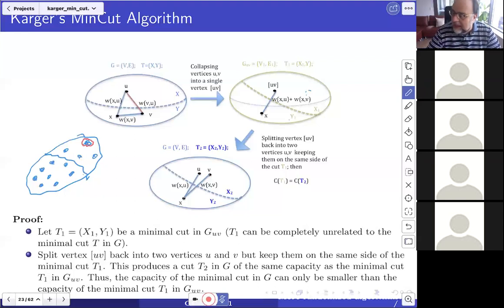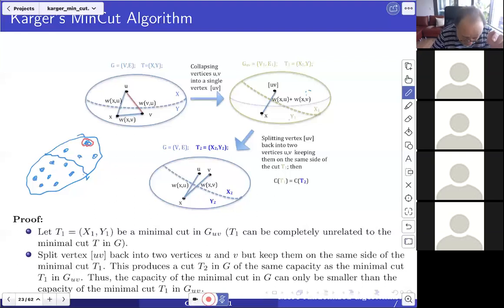Okay, so now, to summarize, you can persuade yourself by going through the argument at home, but to summarize, if two vertices belong to the same side of a minimal cut, collapsing them will not change the capacity of that minimal cut.